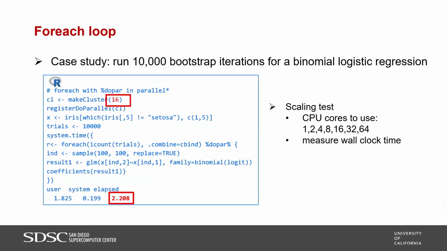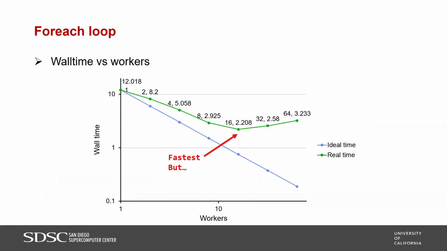If you get the clock time and draw a chart, you will get a picture like this, and the green line is the real time that it will take, and you will find the fastest run, which is using 16 cores in 2.2 seconds.